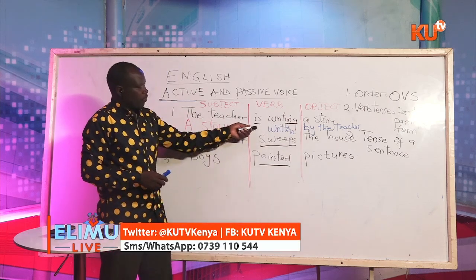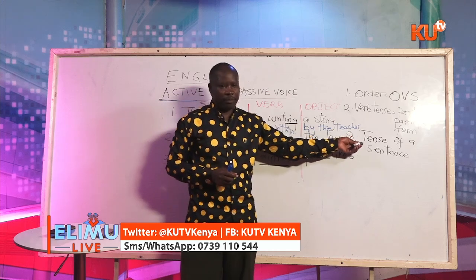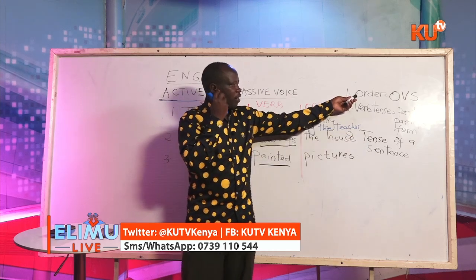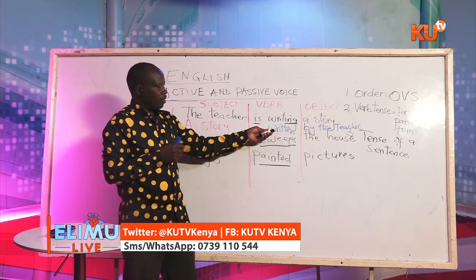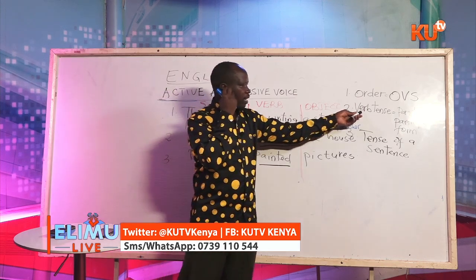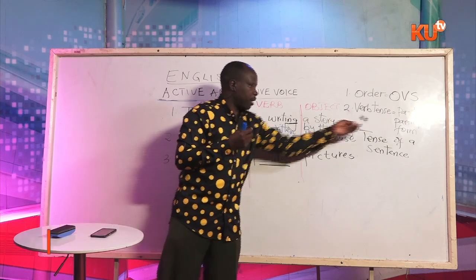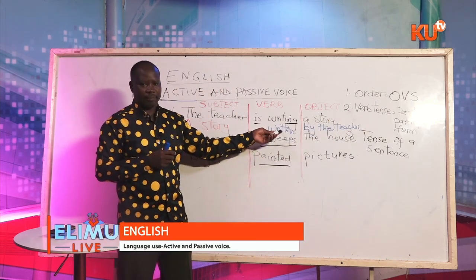So we have skipped something here, which brings us to the importance of rule number 3. Rule number 1, we've changed the order. We've started with object, followed by verb, then subject. Rule number 2, we have changed our verb into past participle. The word writing becomes written.